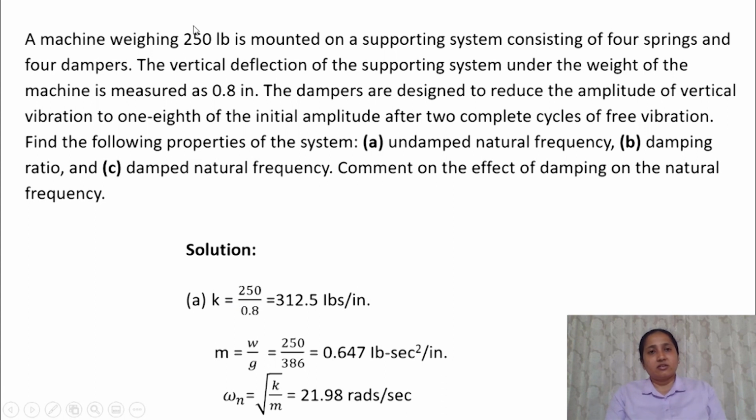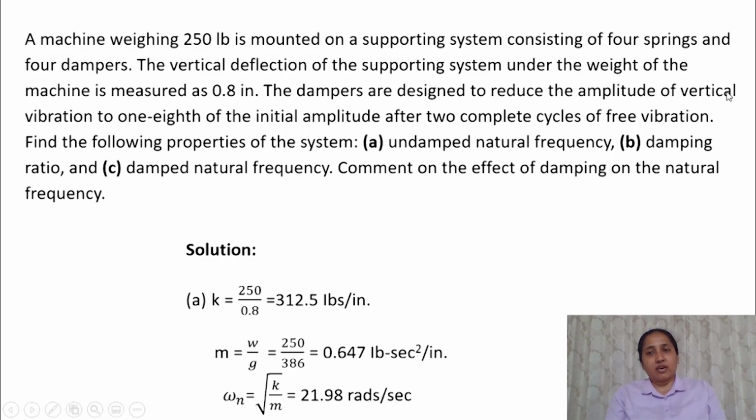Weight is given, so we can calculate the mass of the system. Mass is weight by gravitational acceleration. So, now we know the mass and the stiffness. We can calculate the natural frequency of the system, which is equal to square root of k by m.